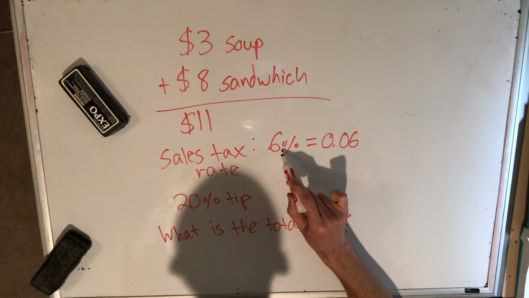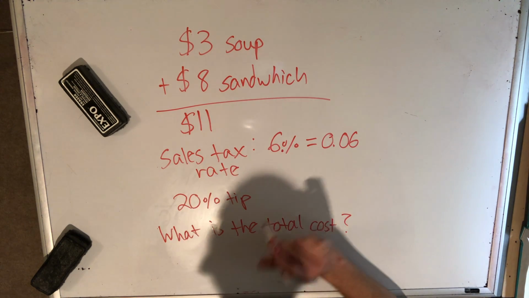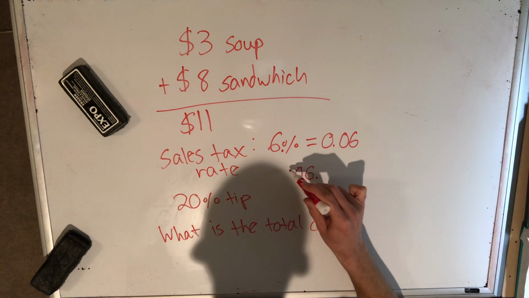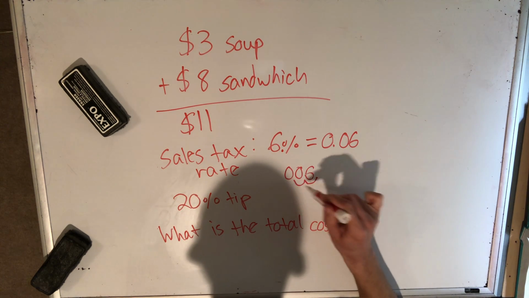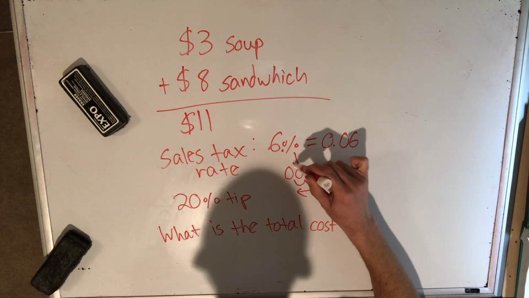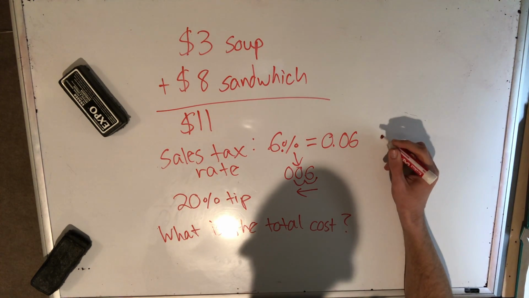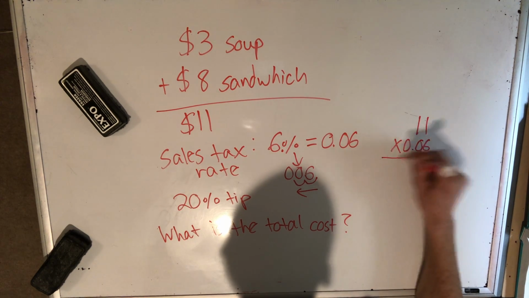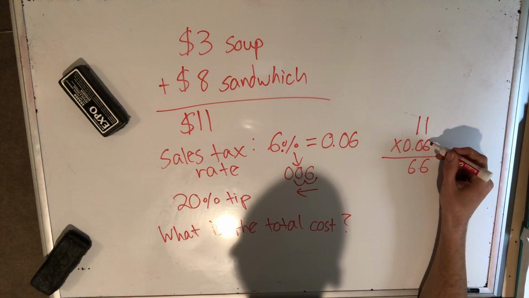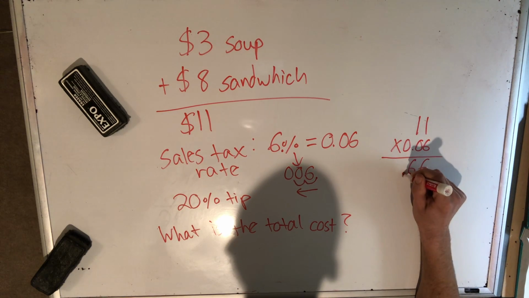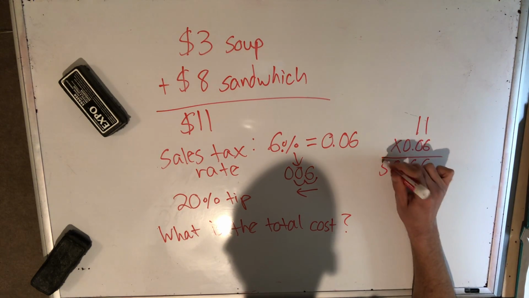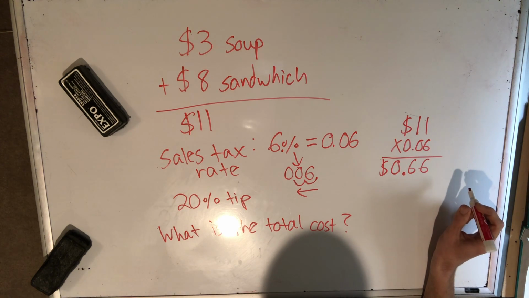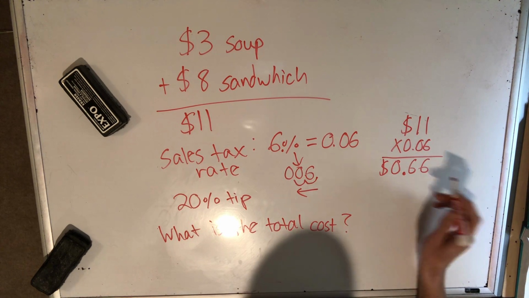If there is no decimal point, imagine it being at the end of the number. And then use as many zeros as you need. So 0.06. So 11 times 0.06, 2 decimal places total in the multiplication problem, so 2 decimal places in the answer. So it's $0.66 for the sales tax.